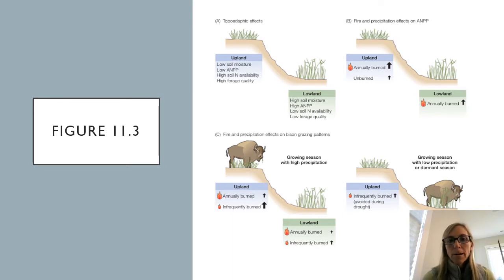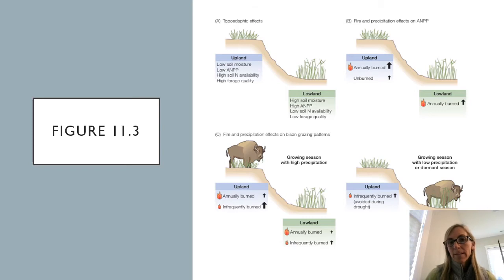This figure in the book is a really interesting one from a landscape ecology perspective, where we think about how so many variables can interact to define heterogeneity in the landscape. This particular study looked at topographic position and how that can influence productivity of plants within a tallgrass prairie system.